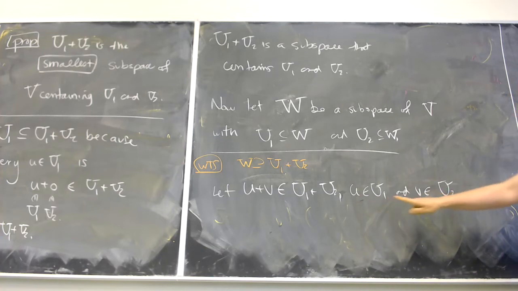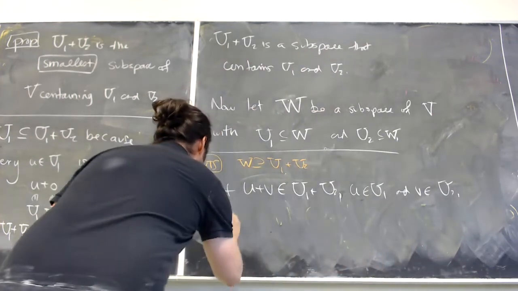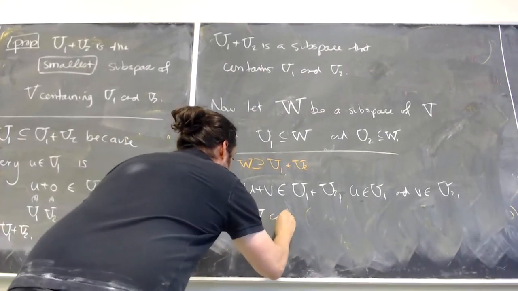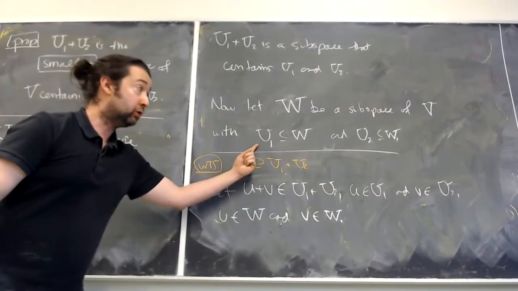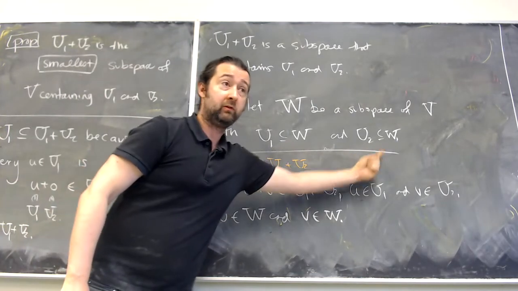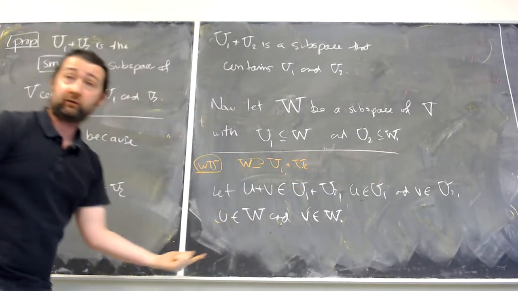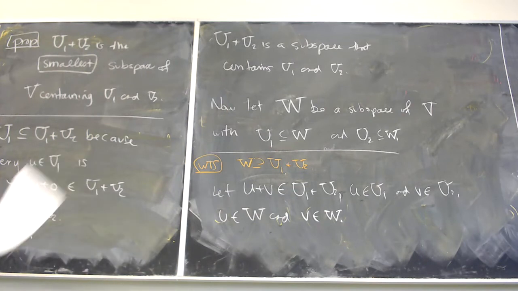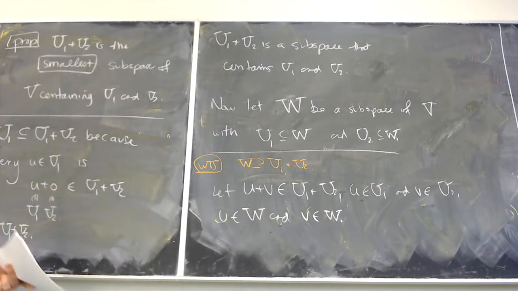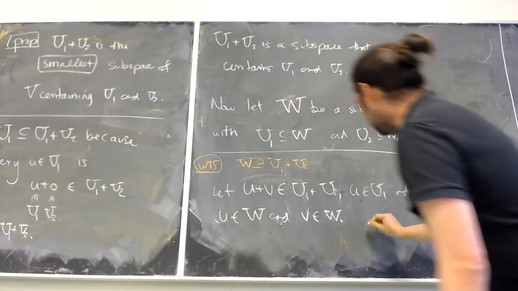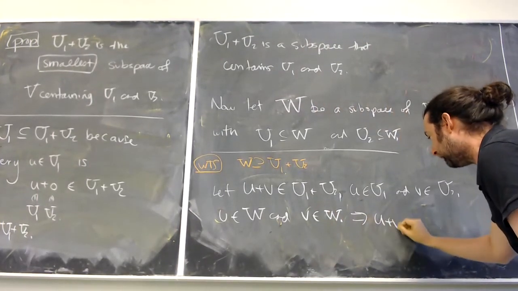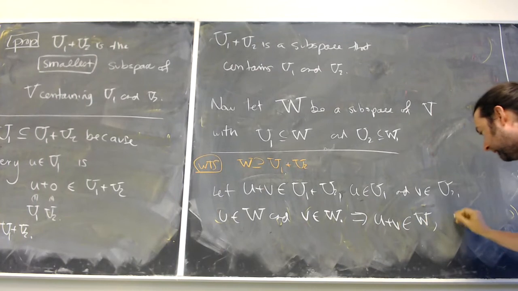If u is in U1 and v is in U2, then that means u is in W and v is in W, because we've assumed that U1 is in W and U2 is in W, and that means the elements in them must be inside W as well. So if u and v are both in W, what can you say about u plus v? Well, it must be in W, because W is a subspace.